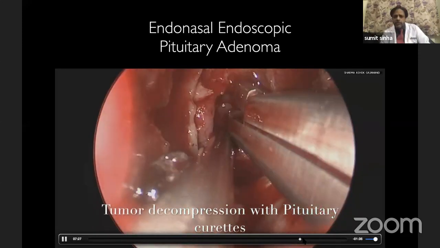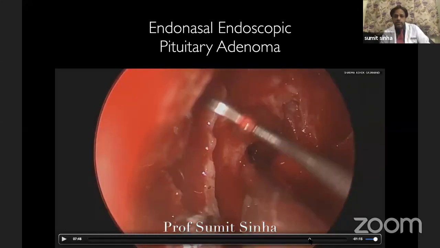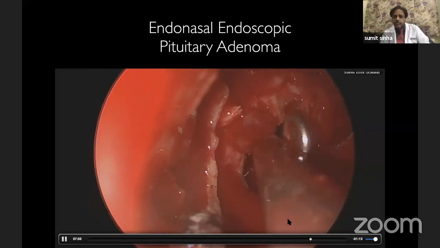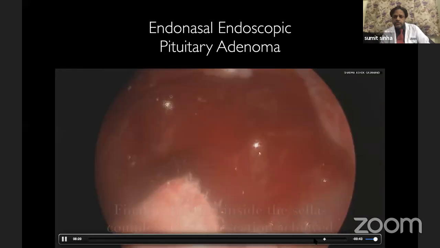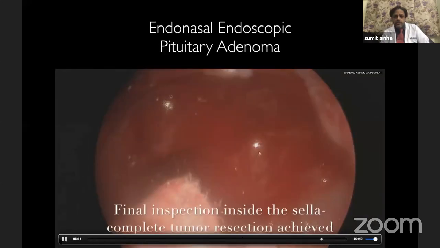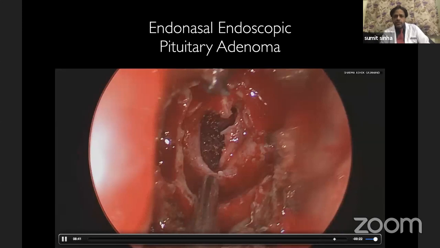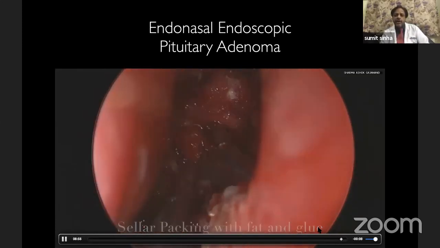Piecemeal removal of the pituitary adenoma is then done by means of pituitary curettes. Then final inspection inside the sella is done, and complete tumor resection is achieved. And then finally, you pack this sellar cavity with fat and glue.